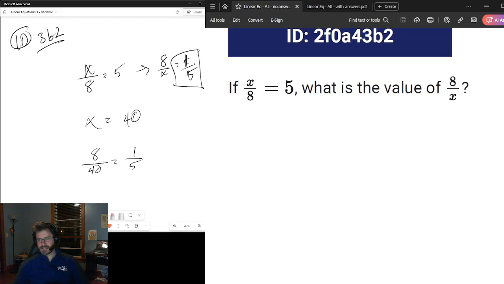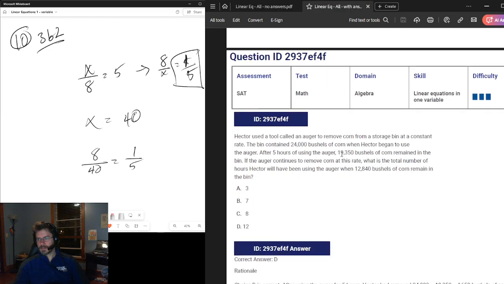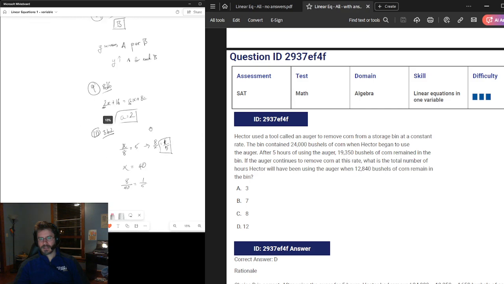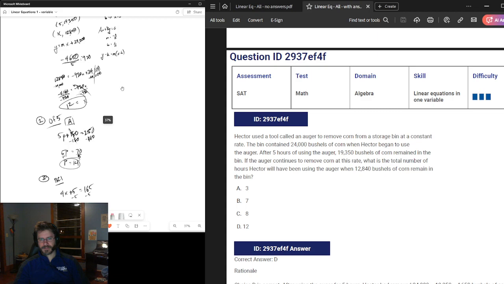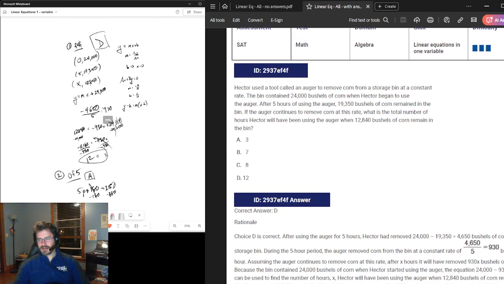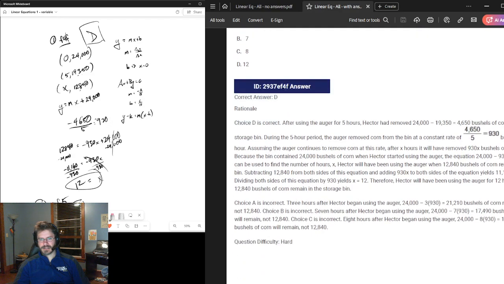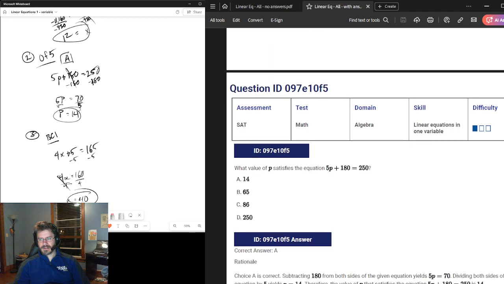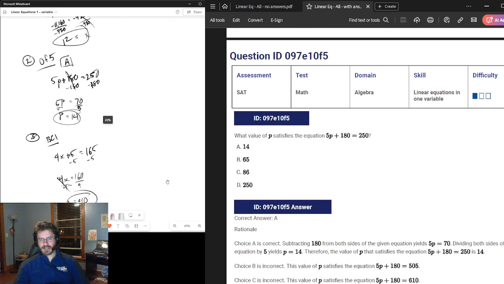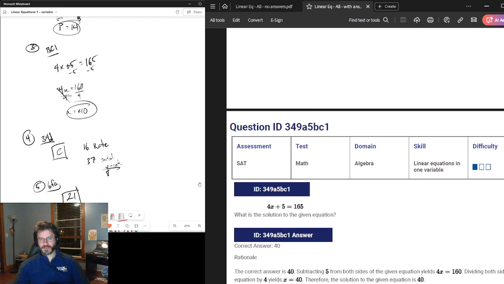Let's go ahead and check our answers. Going back to the beginning here. Didn't see any standard form, didn't see point slope form, but I'm betting it's going to come up. All right, so for number 1, we got answer D. Number 2, we got answer A. Number 3, we got answer 40, good.